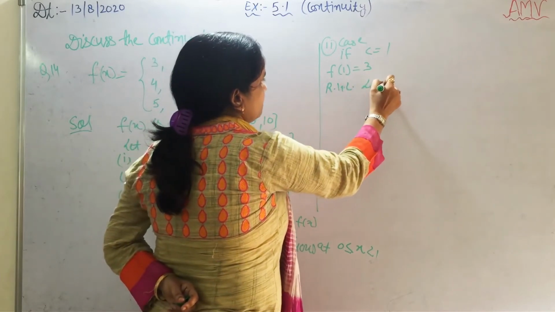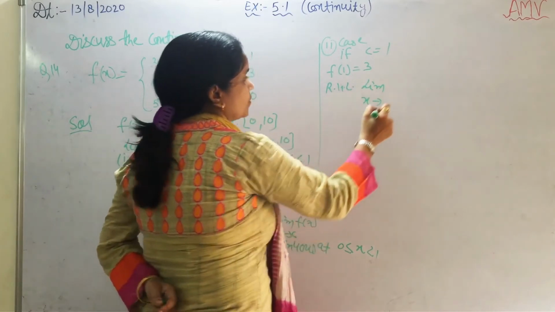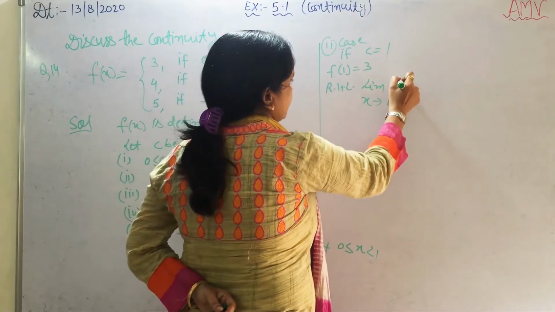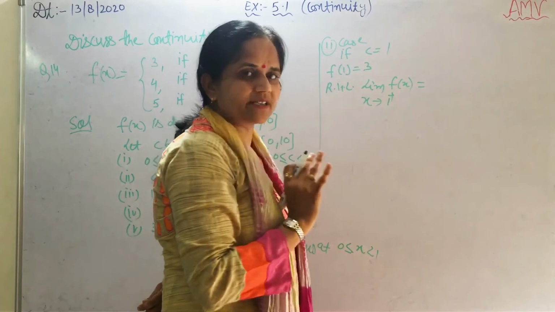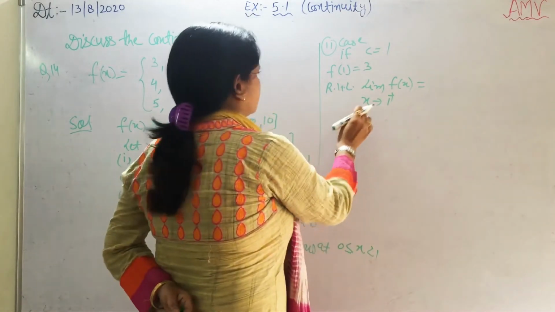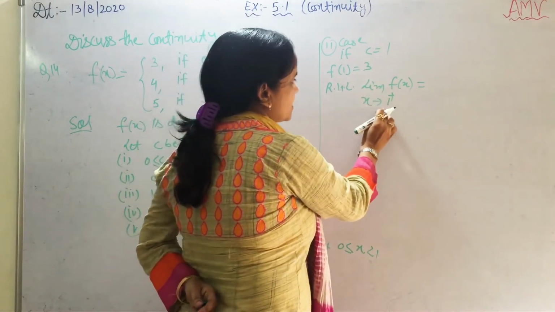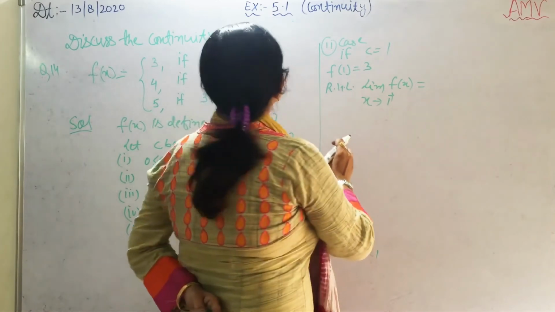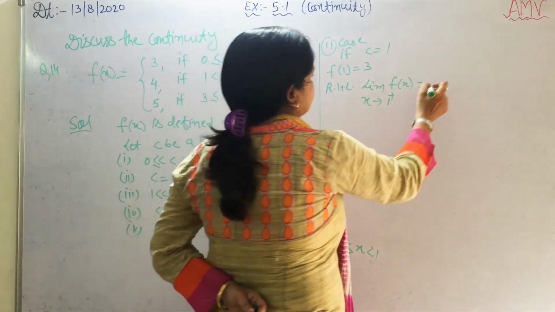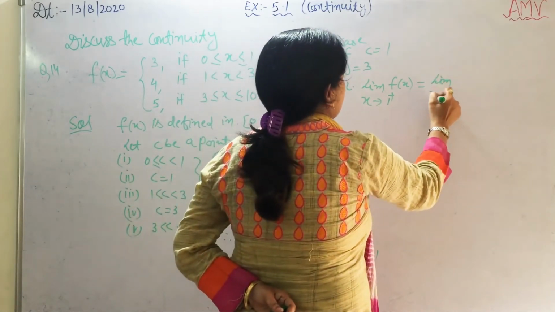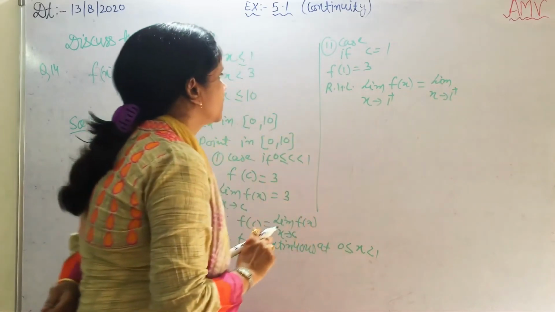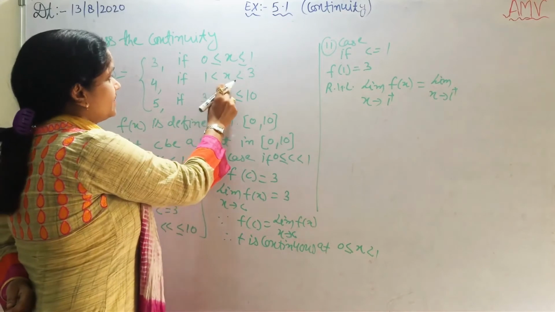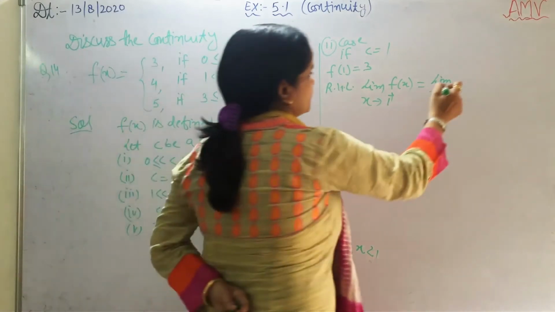It is limit x tends to 1 plus f(x). In place of x, you can write C also. Here f(x), when x is greater than 1, it's a 4.